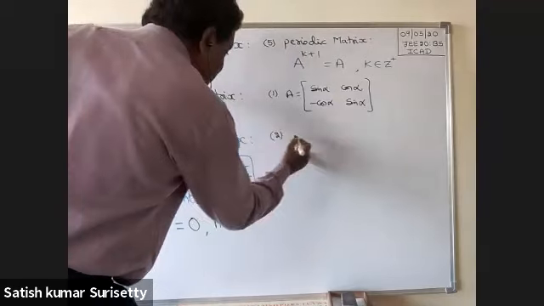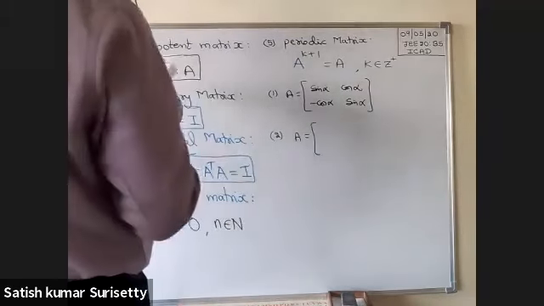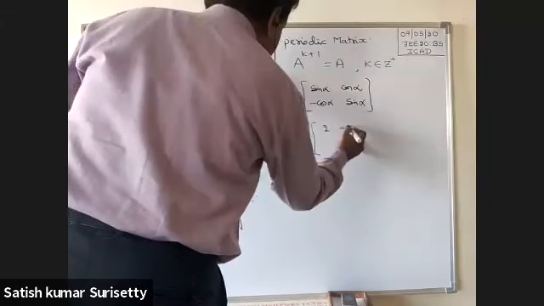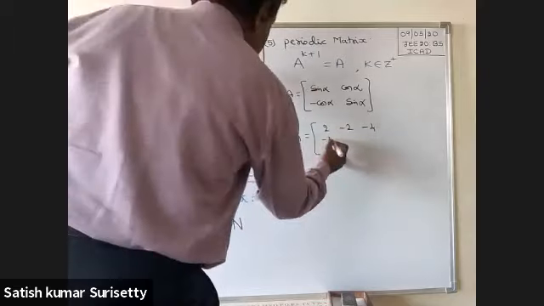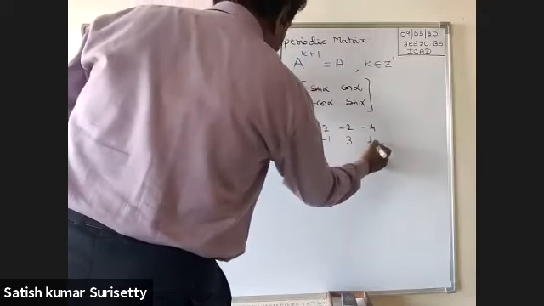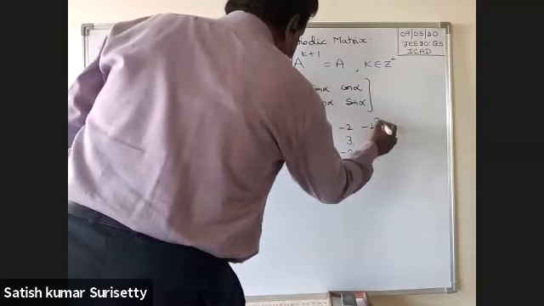Second problem: A equals 2, minus 2, minus 4, minus 1, 3, 4, 1, minus 2, minus 3.